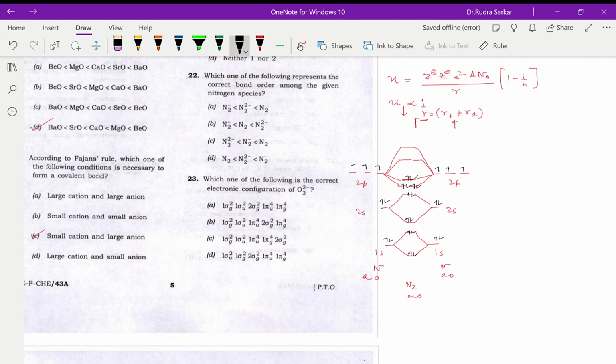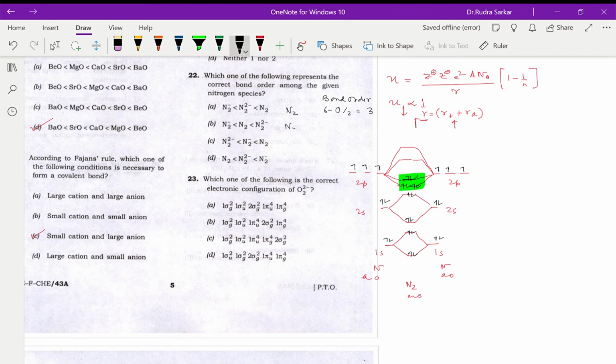As we can see, this is the bonding zone, and the rest will cancel with each other. So we will say the bond order of N2 is 6 minus 0 by 2, and that is going to be 3.